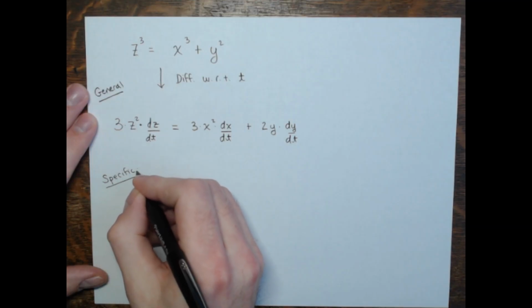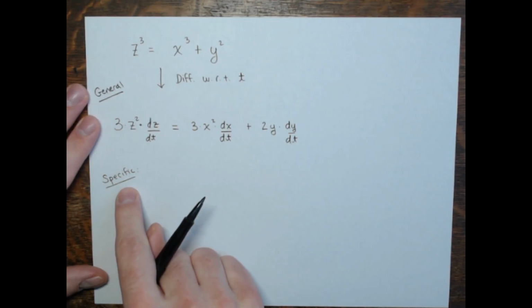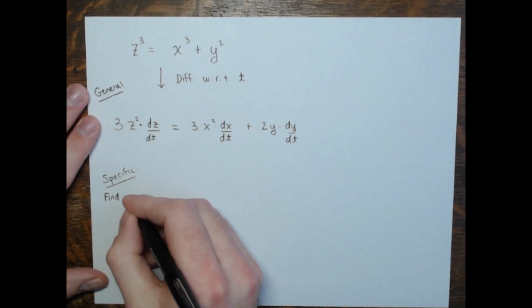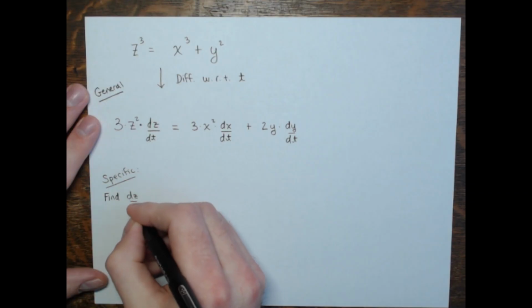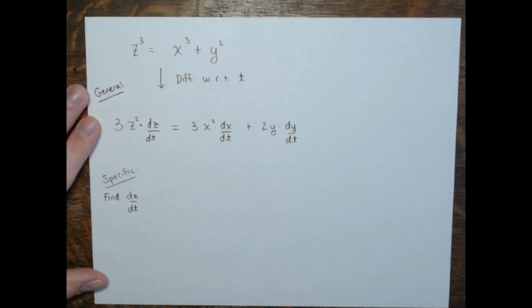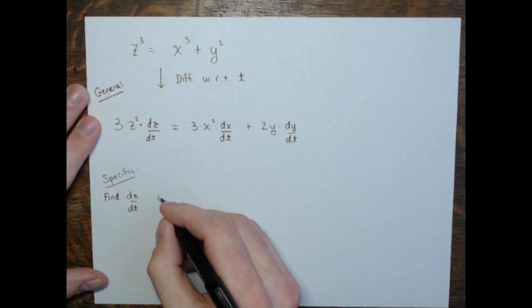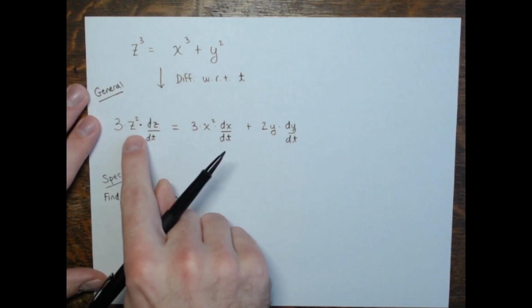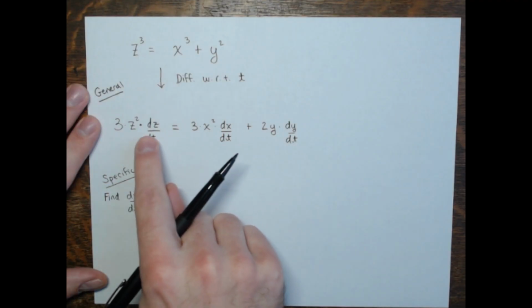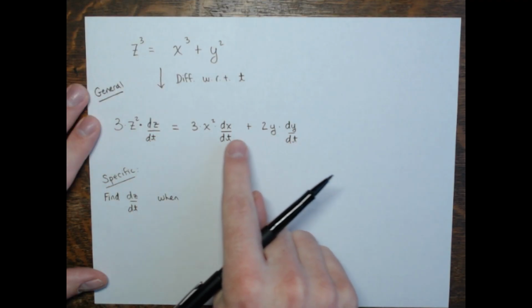All right, so this is where I'm going to use the given information. We're asked to find, once again, dz over dt, the rate at which z is changing as t changes, when we're given the other 5 unknowns here. There are 6 unknown values in this equation.